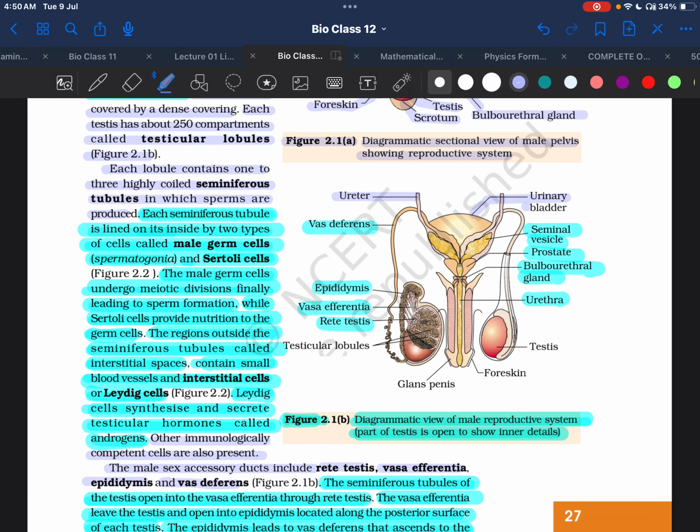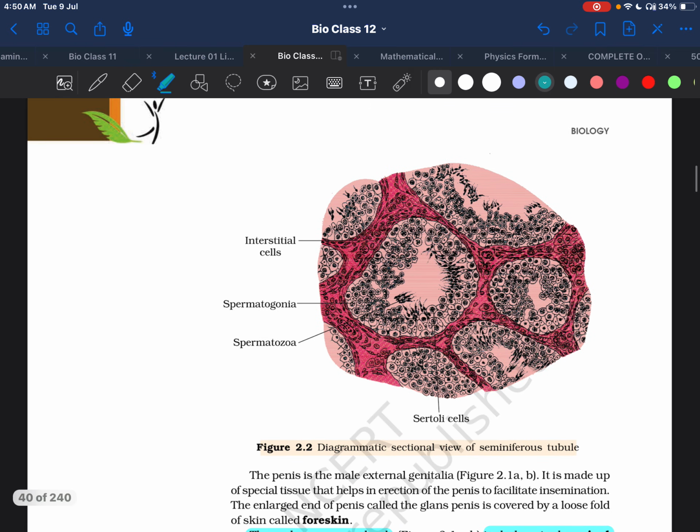Ureter, urinary bladder, testes, foreskin, glans penis, testicular lobules, rete testis, vasa efferentia, epididymis, vas deferens, seminal vesicle, prostate, bulbourethral gland, urethra. Figure 2.2 Diagrammatic sectional view of seminiferous tubules, Sertoli cells, spermatozoa, spermatogonia, interstitial cells.